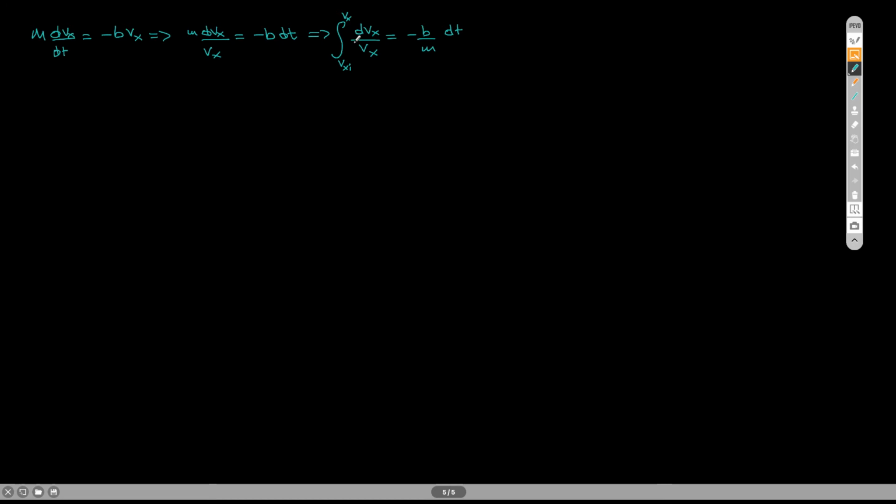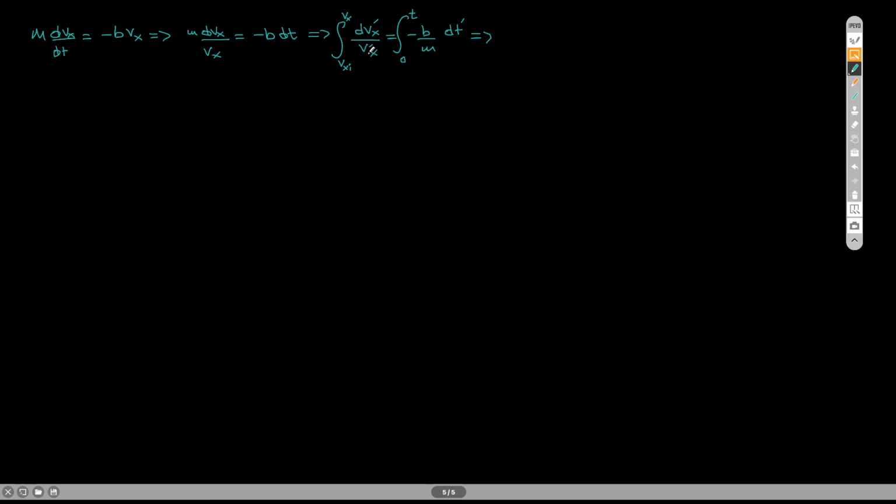Now, it is important to remember that from mathematics, we cannot use the same symbol as a variable for integration and as a limit. So I'm going to put the prime here so that I'm okay with that. And also I will integrate time. Time will go from 0, say, to t. And again, these two cannot be the same, so I'm going to use a prime here.